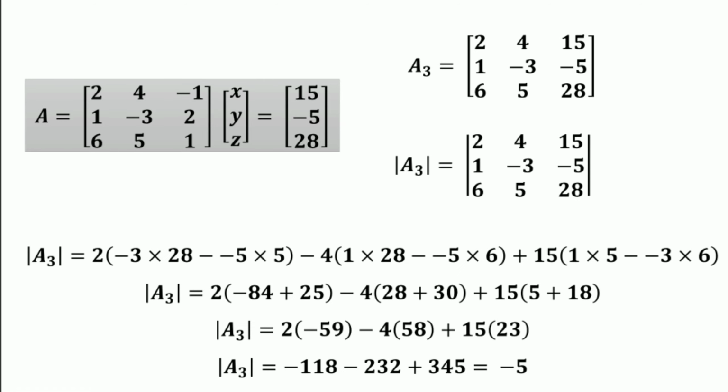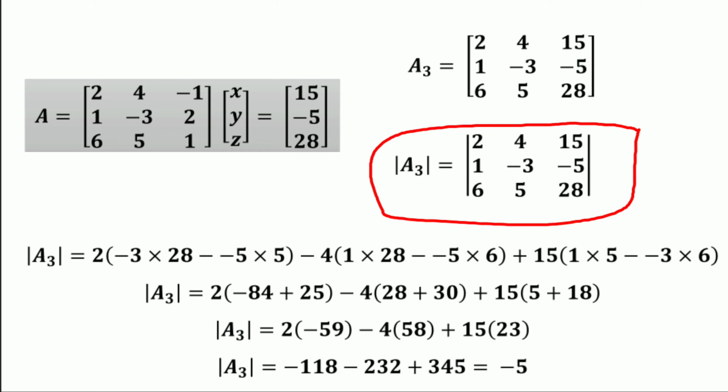Now again we are repeating the same procedure by forming another matrix known as A3, which is formed by replacing the third column coefficients with the column vector of constants. That is, the third column here is minus 1, 2, 1, which is replaced with the column vector of constants, which is 15, minus 5, and 28. So the new matrix A3 is equal to 2, 4, 15, 1, minus 3, minus 5, 6, 5, 28.